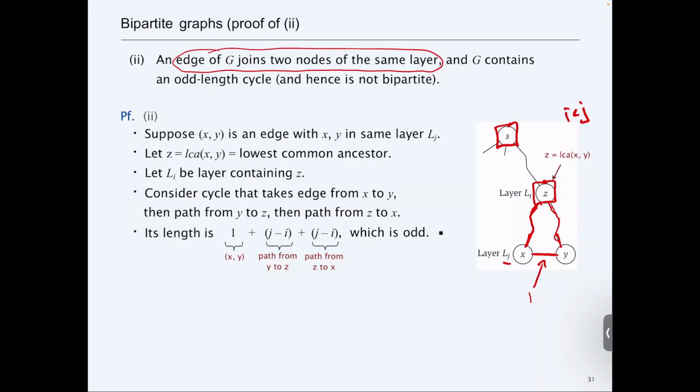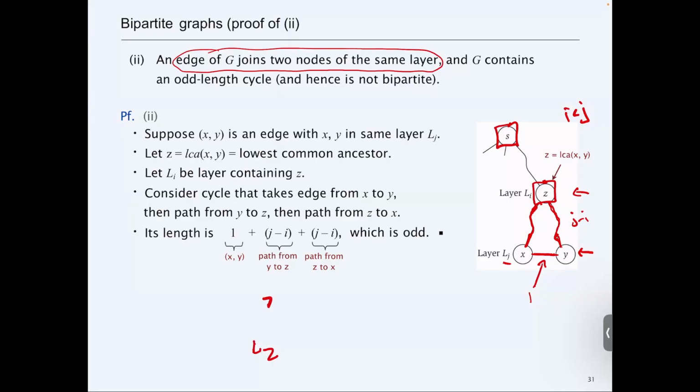What is the length of the path from Y up to Z? Well, if this is at layer J and this is at layer I, then the path length is just going to be J minus I. If you want to see this a little more concretely, imagine something's at layer 2.